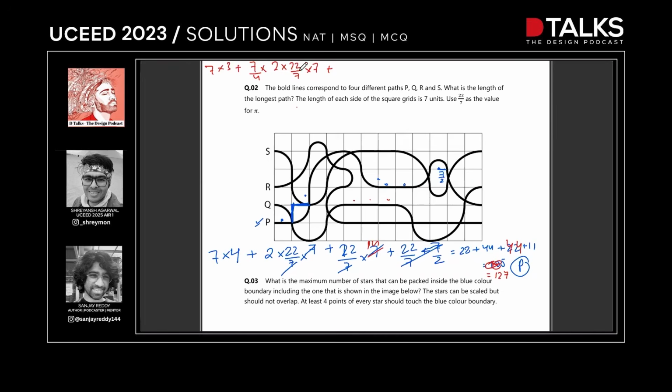So that's 1/4 of 2 pi r, 2 into 22/7 into 14, and this will give you 21 plus 77 plus 22. I hope I'm doing this right, and that will give you 120.